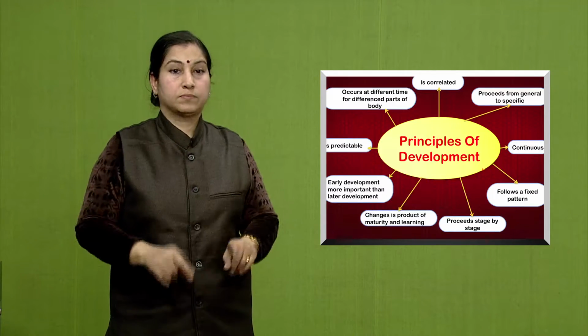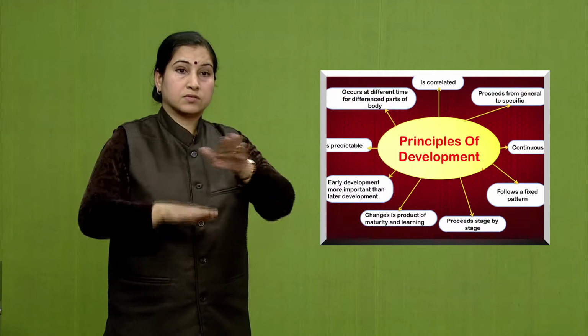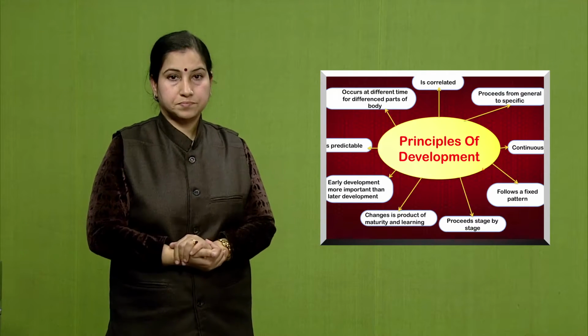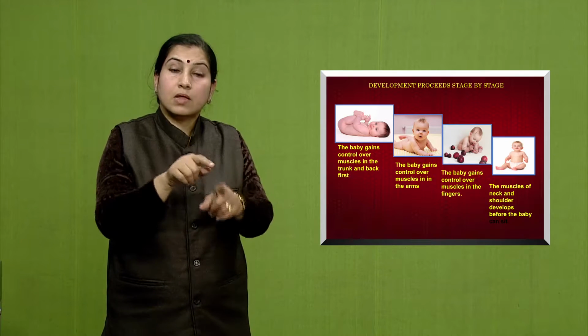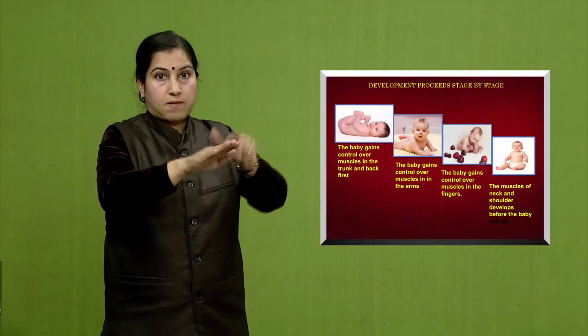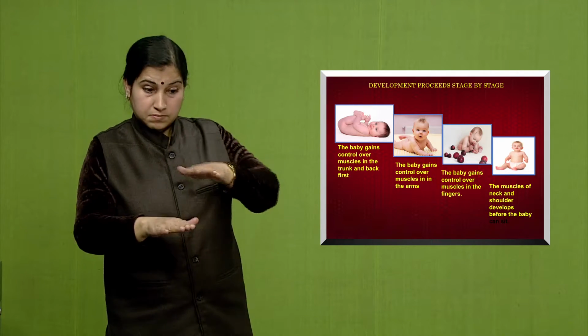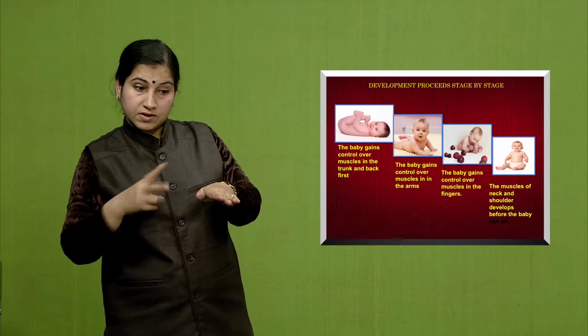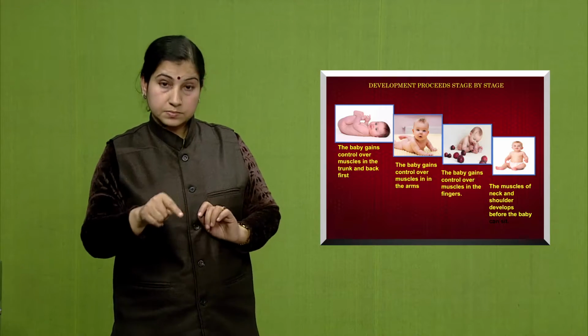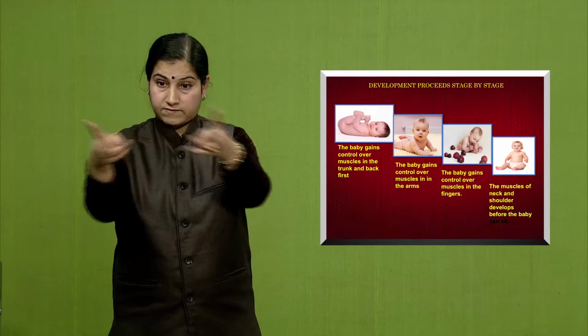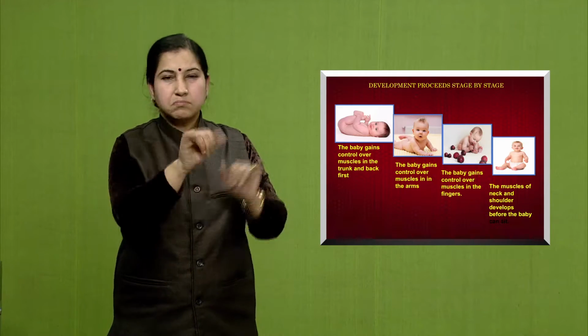Development proceeds stage by stage. Development of the child occurs in different stages, and every stage has certain unique characteristics. There are individual differences in the rate of growth and development.